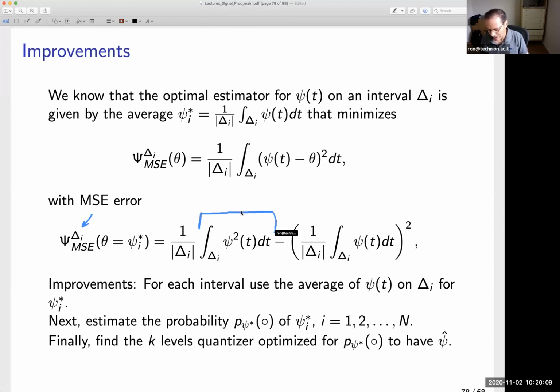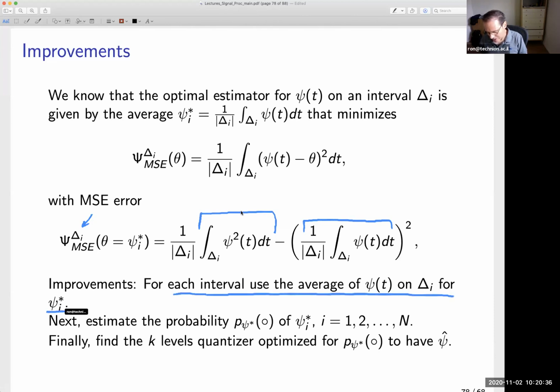So this would be integrating over the square of the interval, minus subtracting the square of the average in each and every interval. Okay, so this would be the MSE error that we have seen, I think, in the first lecture. And the improvement is that for each and every interval, we use the average for estimating phi.